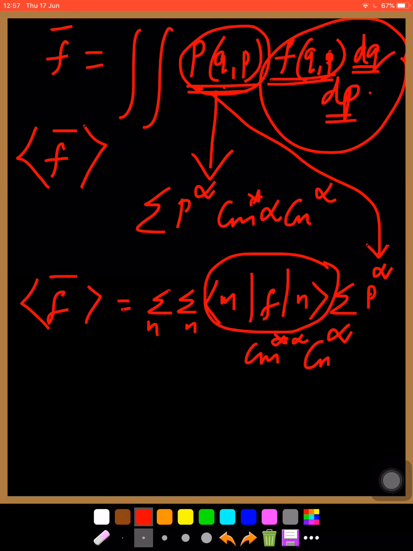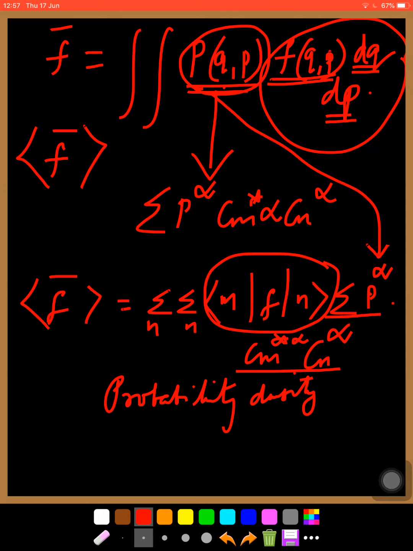And therefore this is also known as probability density. The probability density in the general expression is replaced in this expression by this P alpha cm star alpha cn alpha.